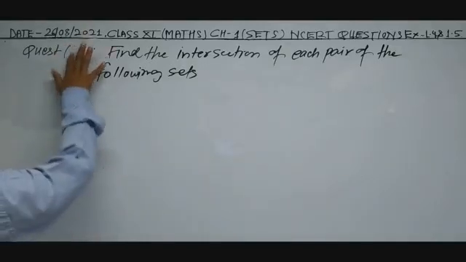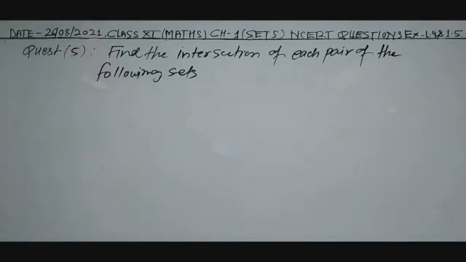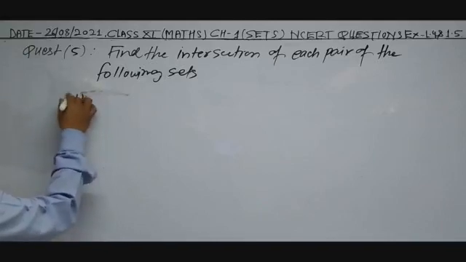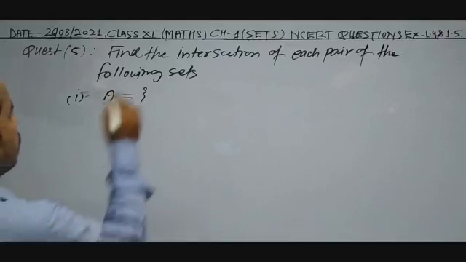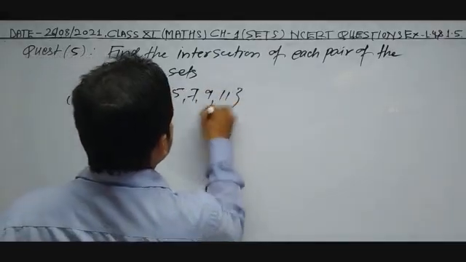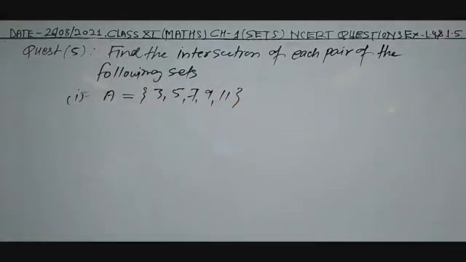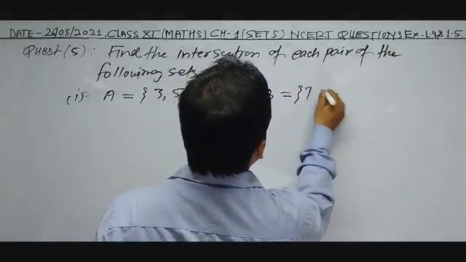Now we have to find A intersection B for any two sets A and B. In question number 5, the first part gives a non-empty set A equal to 3, 5, 7, 9, 11. B is equal to 7, 9, 11, 13.